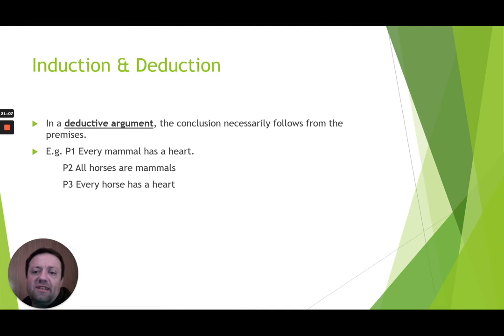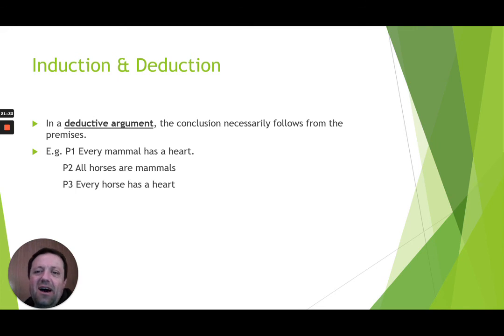The interesting part of this is that if the premises are true in a deductive argument, then the conclusion must necessarily follow. The conclusion is guaranteed. It is infallible, but it does rely on both of the premises being true if the conclusion is going to be true. Now, of course, the two premises are inductive.